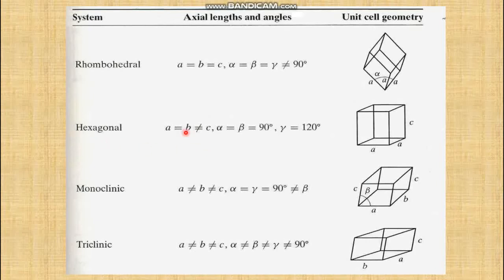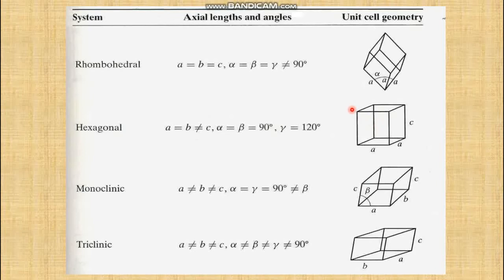In the hexagonal, 2 edges are the same but the third one is different, and 2 angles are right angles, but the third angle is 120 degrees. So why is it named hexagonal? If you combine 3 units, you will get a hexagonal surface on the top and the bottom, in the bases.